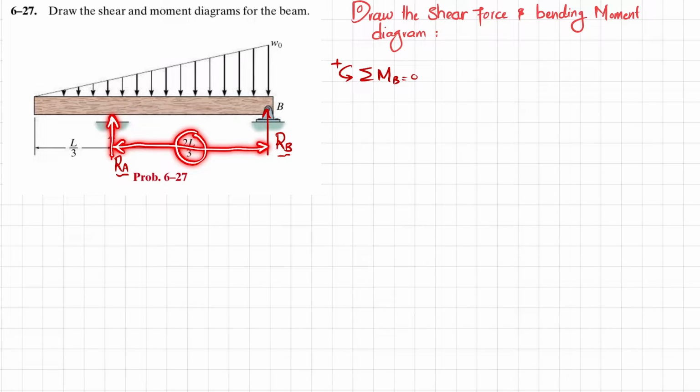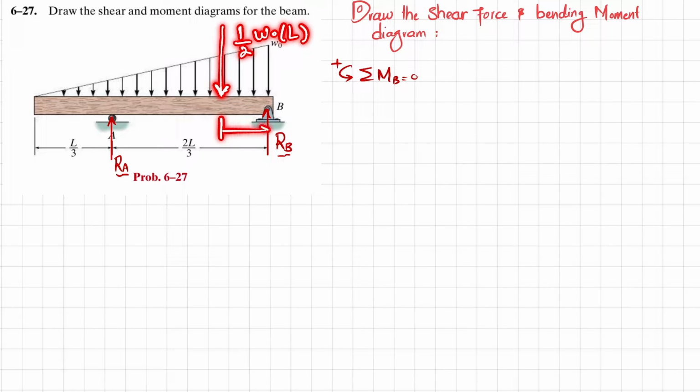The second moment is produced due to this uniformly increasing load, so we will convert this uniformly increasing load into a point load, and its magnitude will be 1 over 2 W naught into the total length of the beam, which is L, and this will be acting at a distance of L by 3. This is the total length of the beam, which is L.